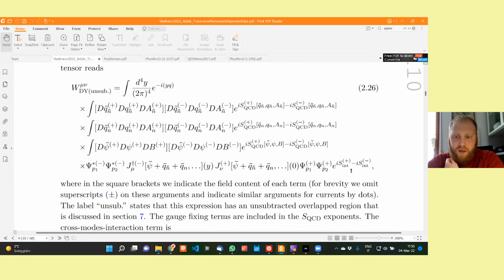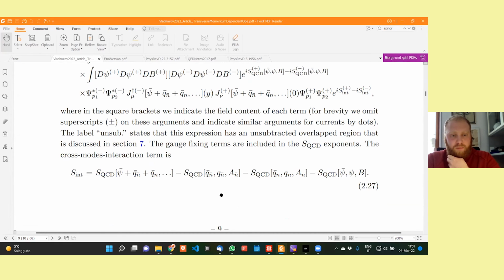So this contains all the interactions that you have between dynamical and background fields. The expressions are extremely lengthy because you have a proliferation of terms, but okay, you don't really care. You just write them.